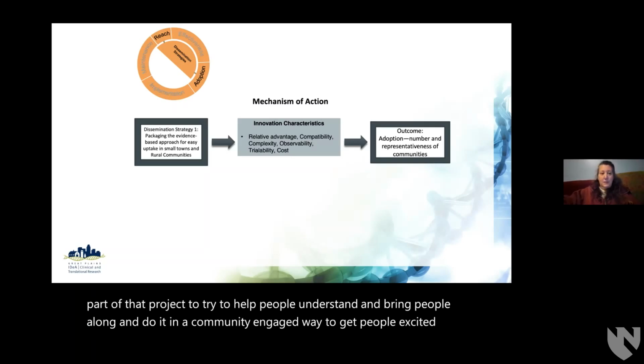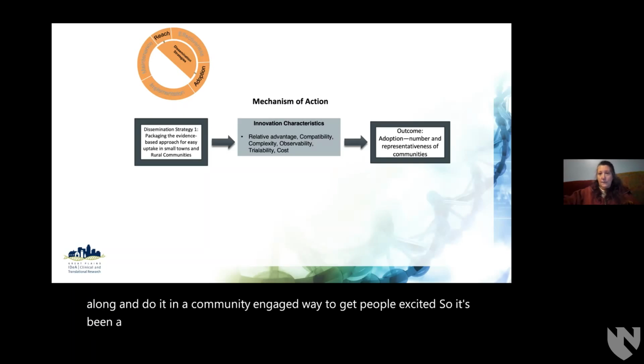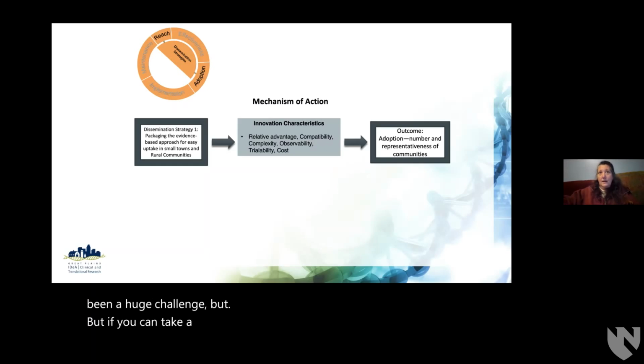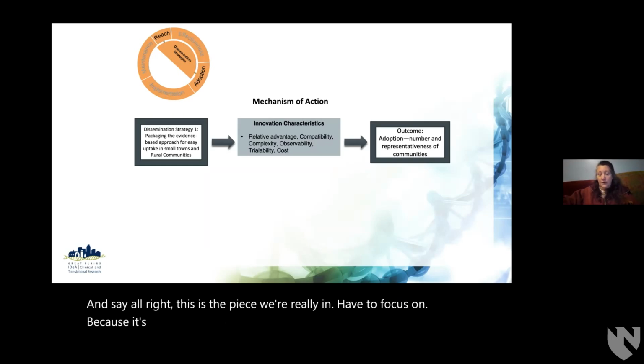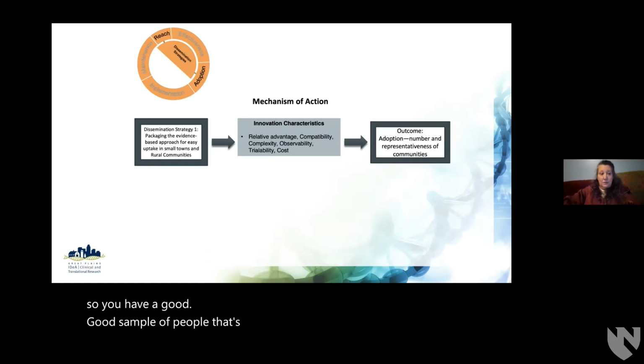So it's been a huge challenge, but if you can take a step back and say, all right, this is the piece we're really going to have to focus on, because it's the most important part of the project, this initial recruitment, so you have a good sample of people that's diverse. You don't leave anybody out. For sure. And so that's the outcome, right?